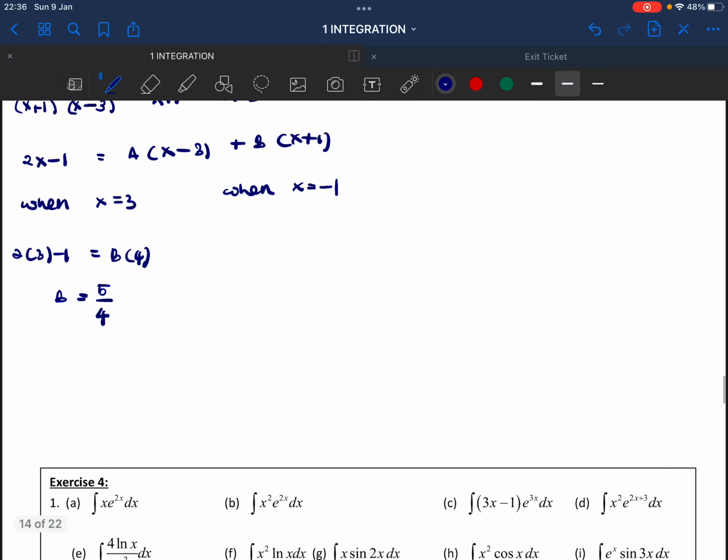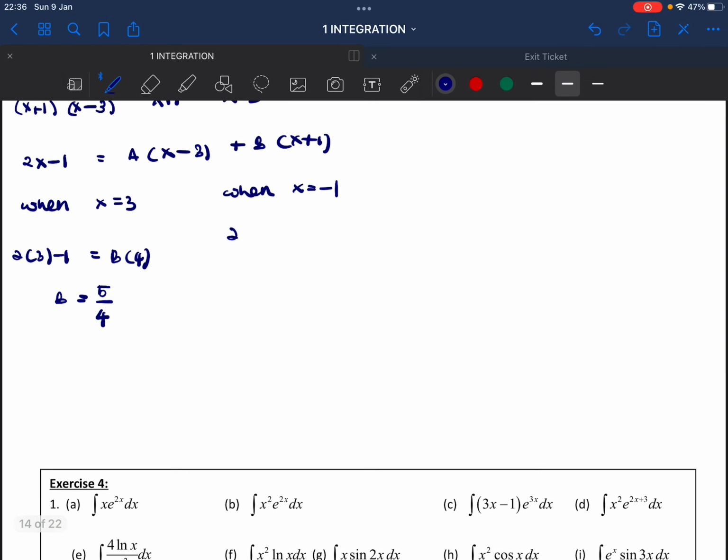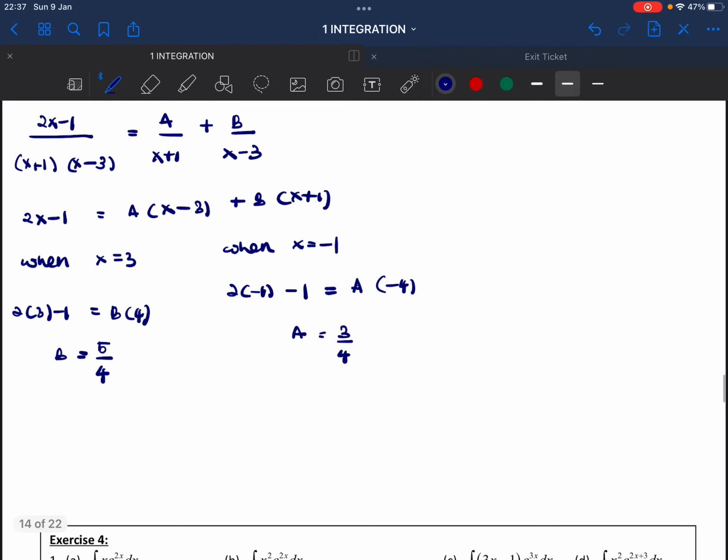And here, with x equal to negative 1, we will get 2 times negative 1 minus 1. This one here will be 0, so we have A times negative 1 minus 3, that will be negative 4, and you will get A equals 3 over 4. Kalau tak sure apa yang saya tengah buat sekarang, make sure you go to the chapter 6 polynomial video on decomposition of partial fractions.